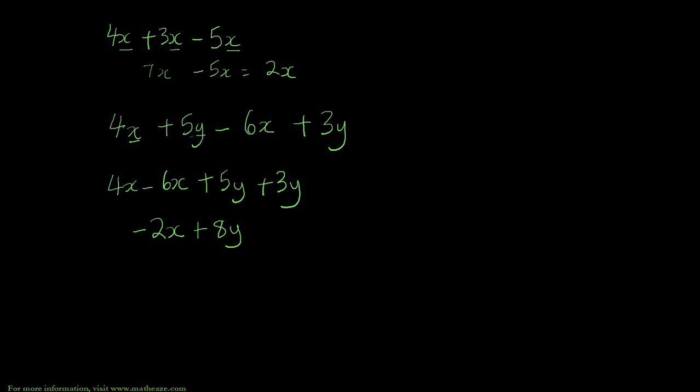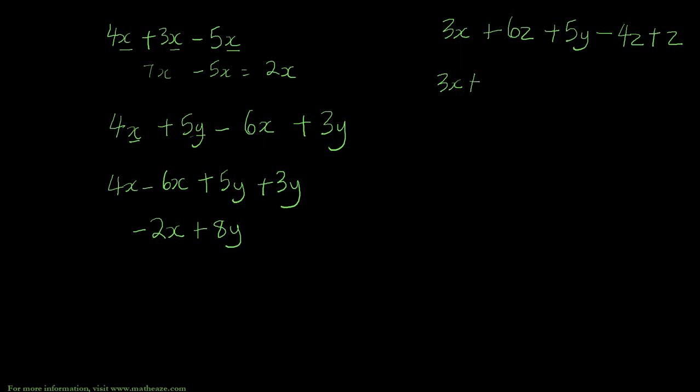Another example, 3x plus 6z plus 5y minus 4z plus z. First step, we have to group common terms together. So we'll look at 3x. There's no term common to it, so we can just leave it that way. What about 6z?